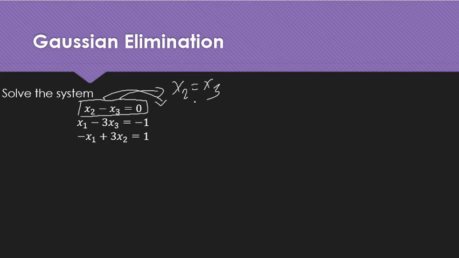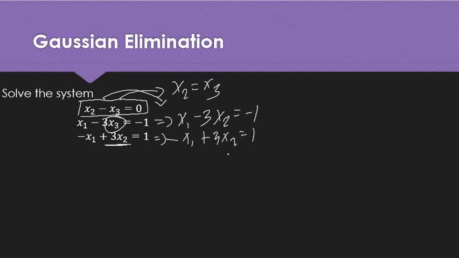So in doing so, I can replace this x sub 3 with x sub 2, so I can have x sub 1 minus 3x sub 2 equals negative 1. And negative x sub 1, I will retain the third equation, plus 3x sub 2 equals 1.